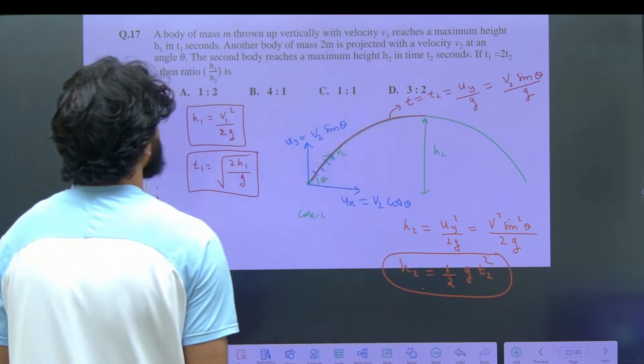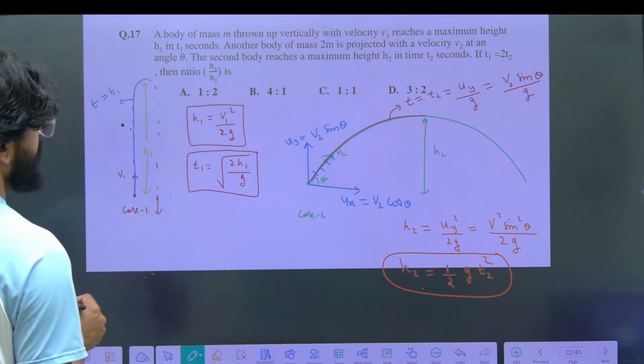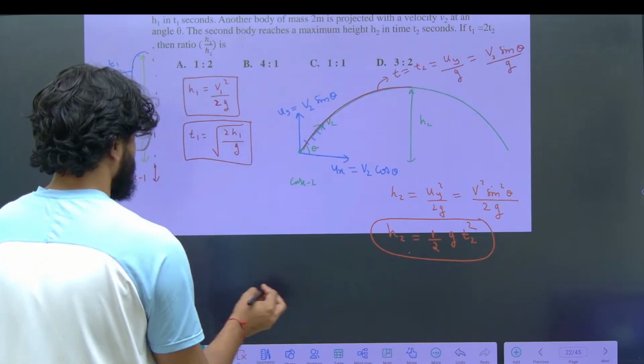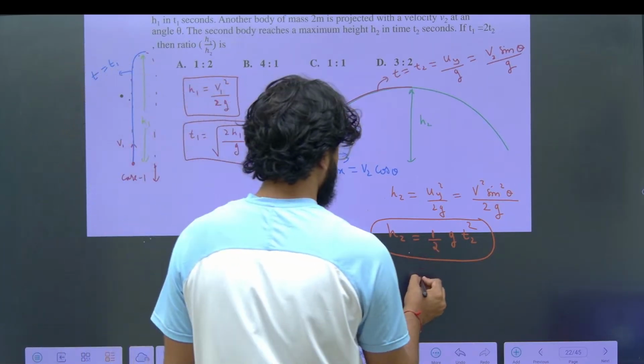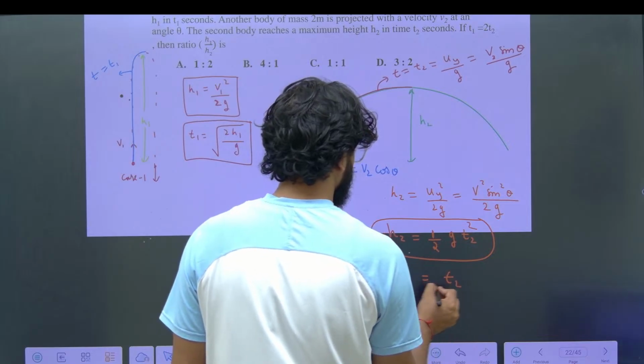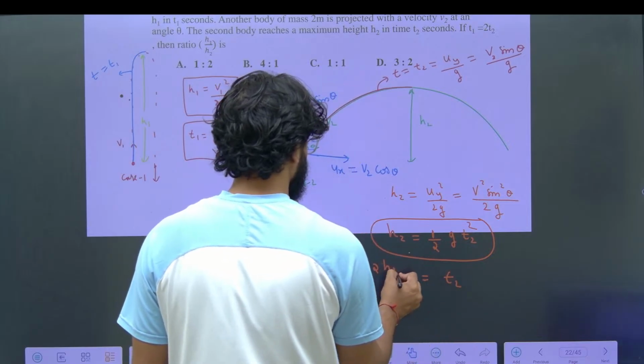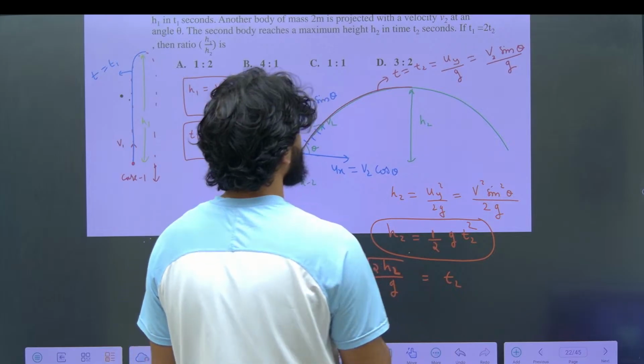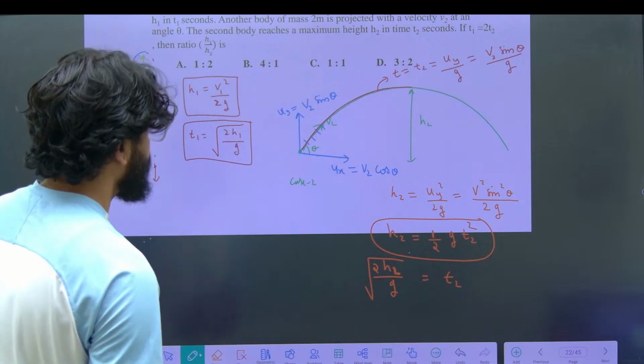Cool. And now the questionnaire is saying T1 equals 2T2. So from here, the value of T2 will be under root 2H2 by G. Okay, correct.